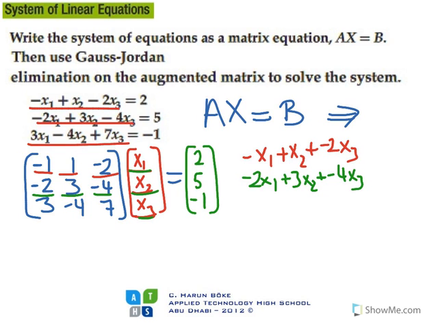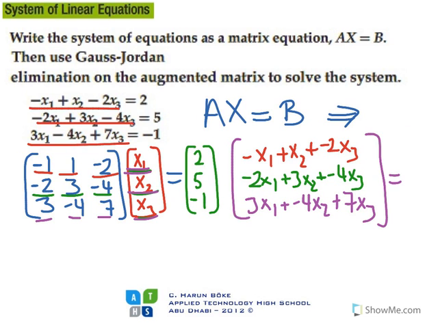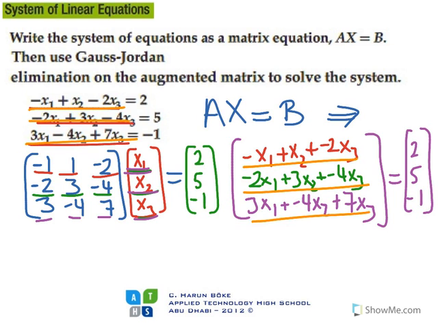And the third row, 3 times x1 is 3x1, minus 4 times x2 is minus 4x2, plus 7 times x3 is 7x3. So this is the product matrix, which is equal to 2, 5, and minus 1, which is matrix B. So you see, when you do the multiplication, you get exactly the same expressions on the left hand side.